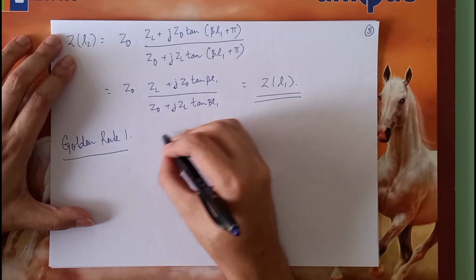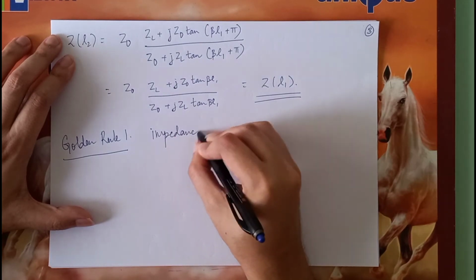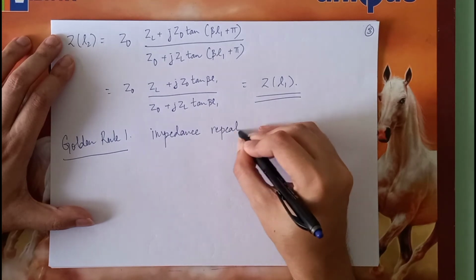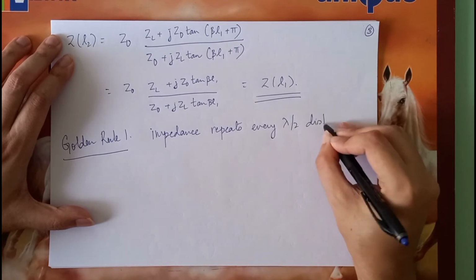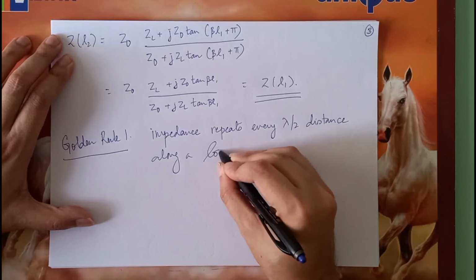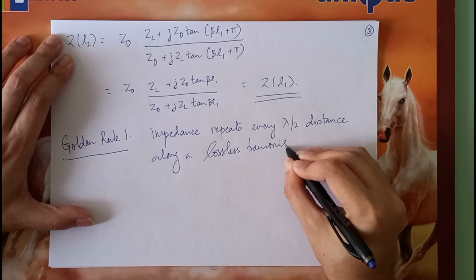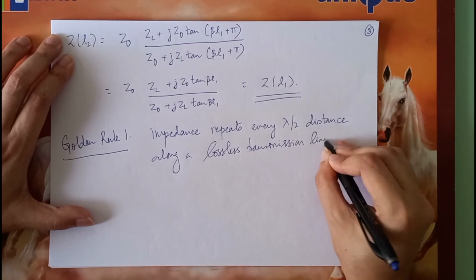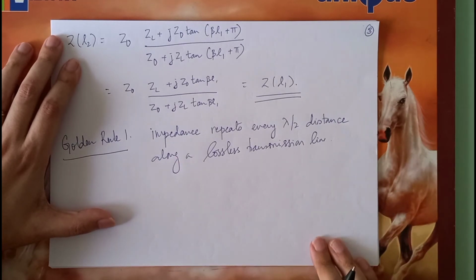That is, the impedance repeats every lambda by 2 distance along a lossless transmission line. So this is golden rule number 1.